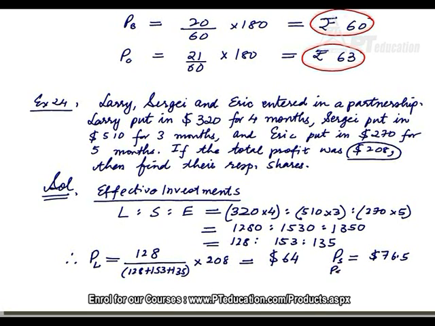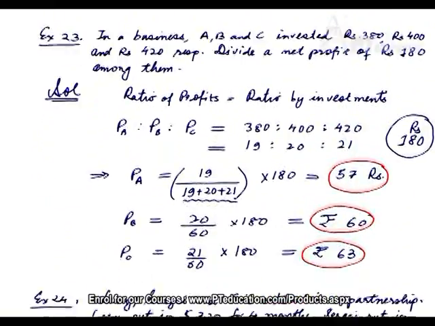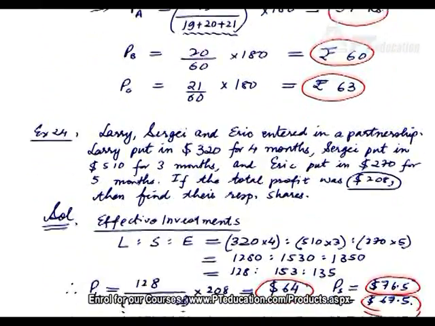And the profit for Eric comes out to be $67.5. Thus, the answers are $64, $76.5 and $67.5. We hope that these 2 examples have made the basic working on partnerships absolutely clear to you.